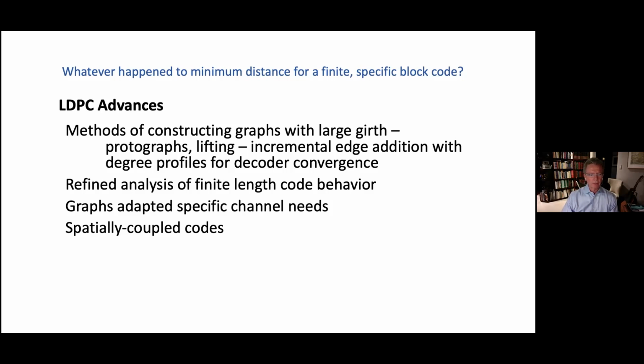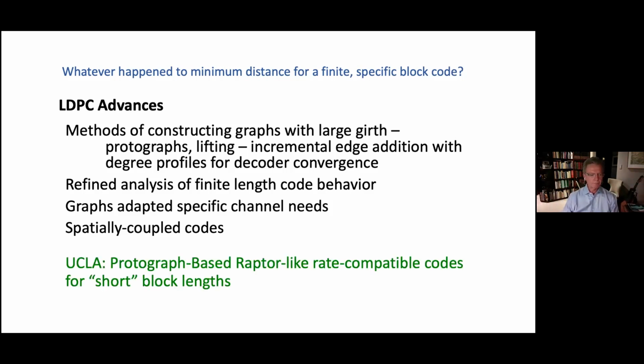There's refined analysis of finite length behavior, and graphs adapted to specific channel needs, like the digital fountain concept and Raptor codes. And you have spatially coupled codes, which are effectively the convolutional version, I guess. I'm quite interested in what UCLA is doing with the protograph-based Raptor-like rate-compatible codes, and I've gotten into a nice dialogue here with Dariush.